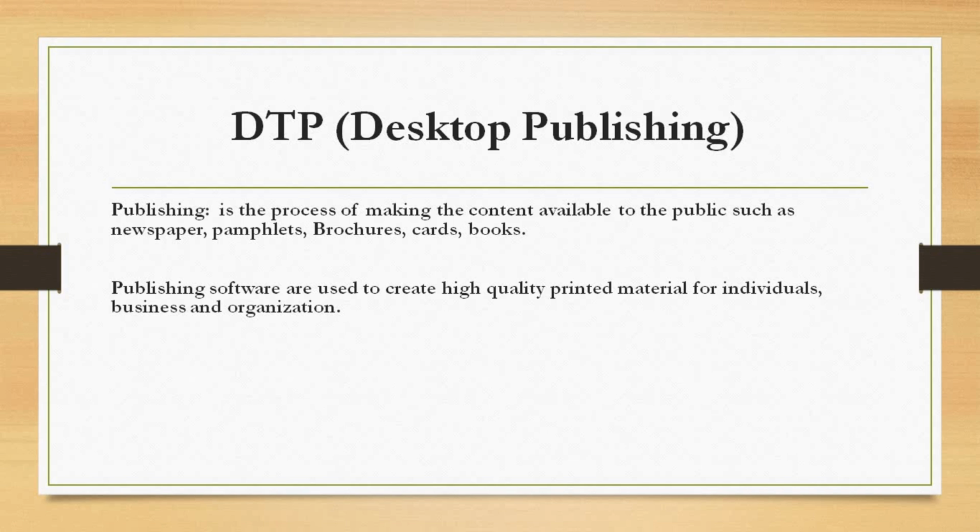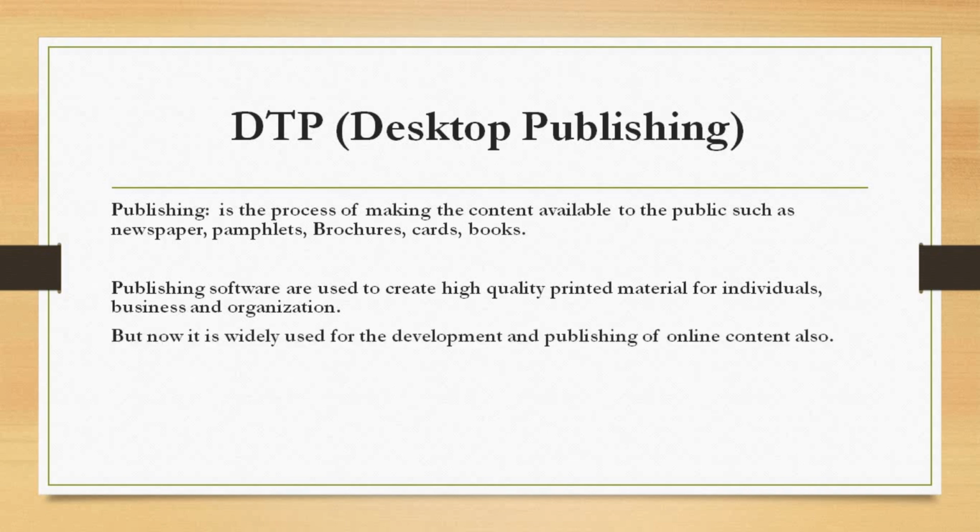So what are publishing software? These programs help you create high quality printed material for an individual, a business or an organization. Not only that, they are also widely used for the development and publishing of online content.